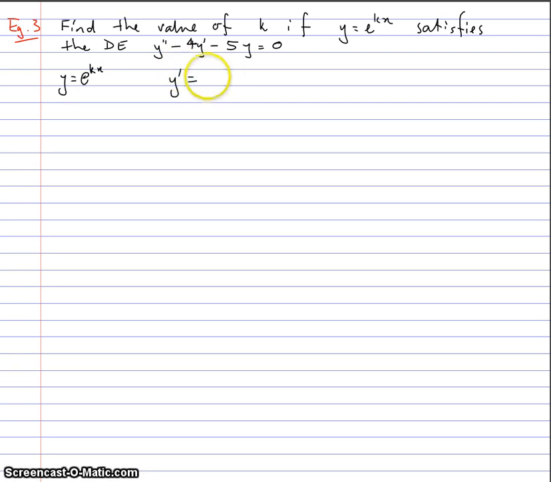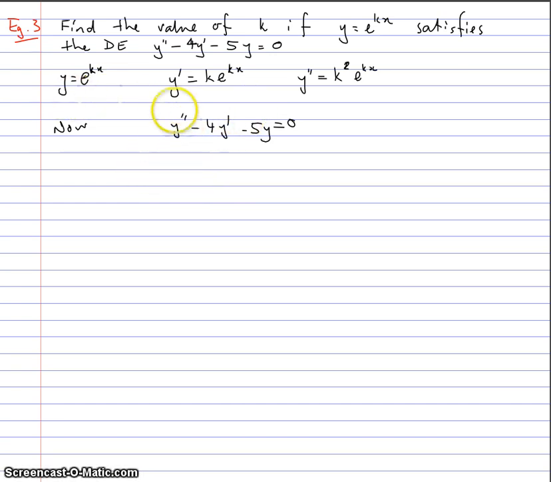y dash, therefore, the first derivative, is going to be k e to the kx. And our second derivative then is going to be k squared e to the kx. Now, we have y double dash minus 4y dash minus 5y equals 0.